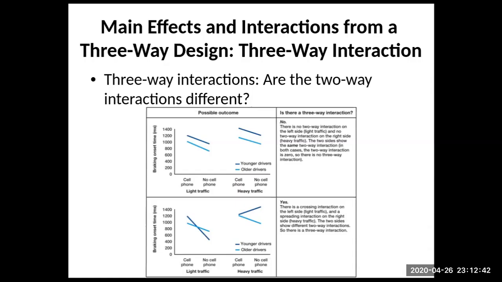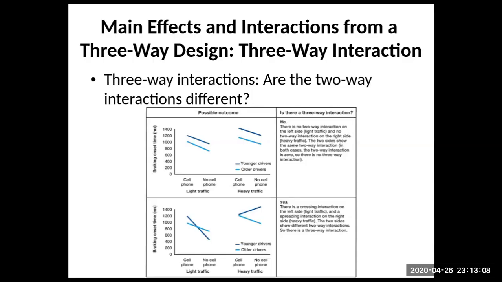Looking at the possible outcomes in light traffic and in heavy traffic, we're looking at age of driver in light traffic and heavy traffic. Is there a three-way interaction? I would say no, because we see parallel and parallel, right? Both cases are parallel and parallel.